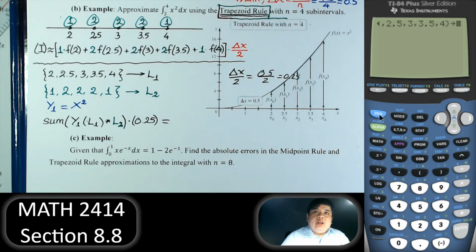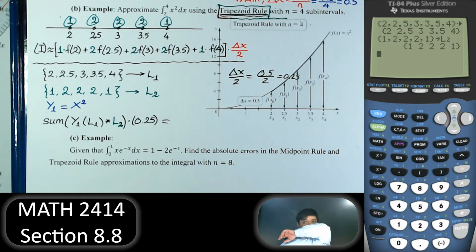Store into list 1. So we have those values. Next, the coefficients: 1, 2, 2, 2, 2, and 1. Close curly bracket. Store into list 2. So we store the list.